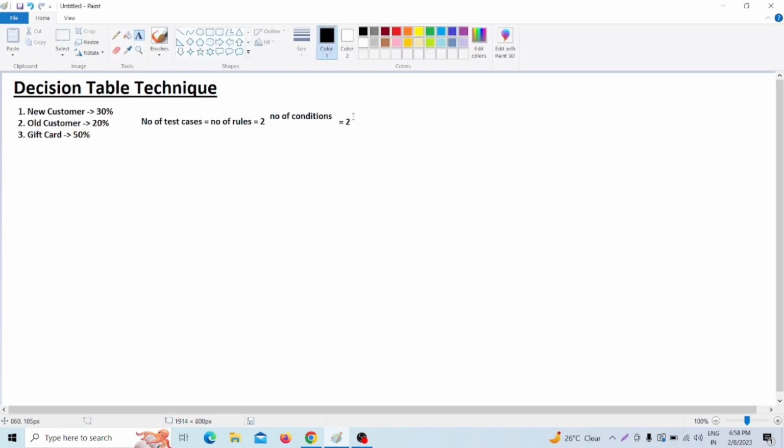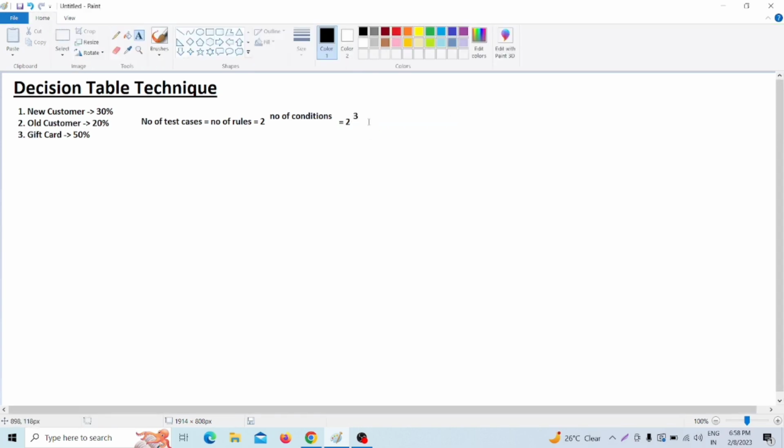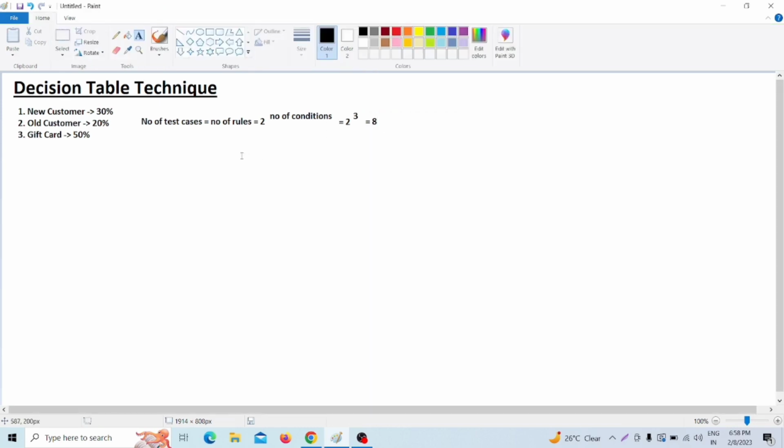So in total we have 3 conditions, that means 2 to the power 3, which equals 8. So a total of 8 test cases will be found for this technique. How? Let's discuss that. Now you are very clear about the rule: in the decision table technique, the number of test cases equals the number of rules, which equals 2 to the power of the number of conditions.